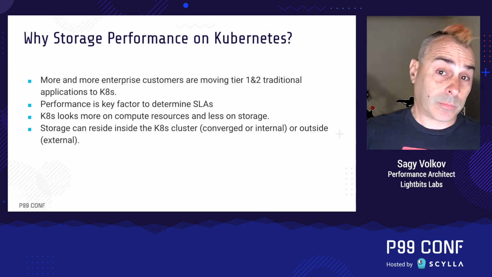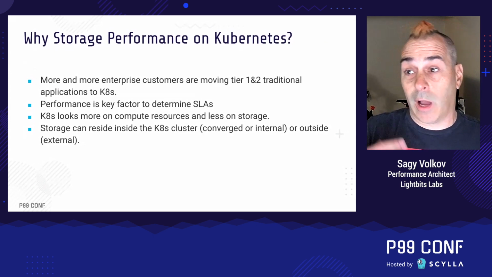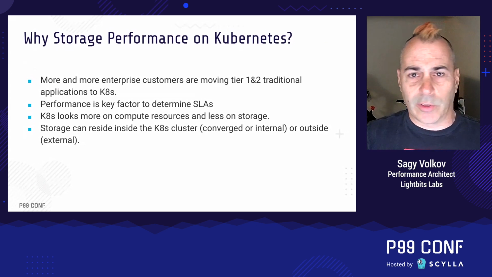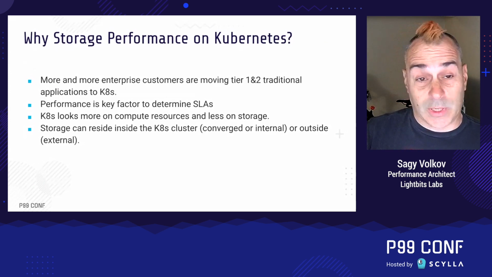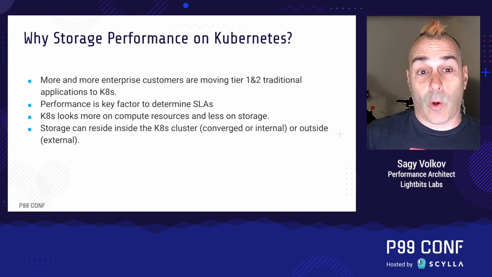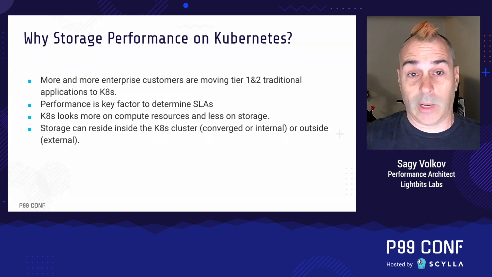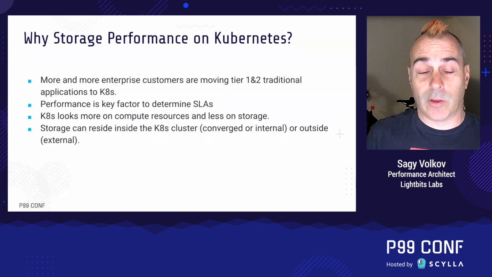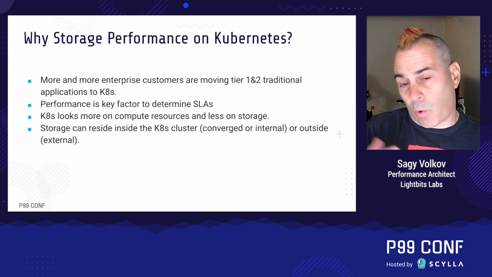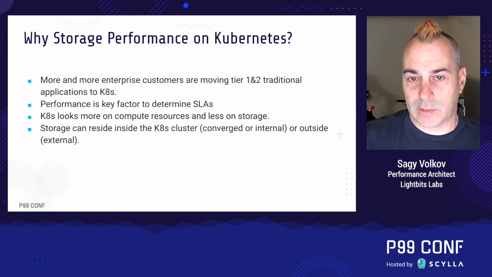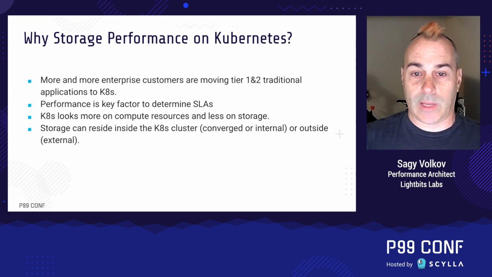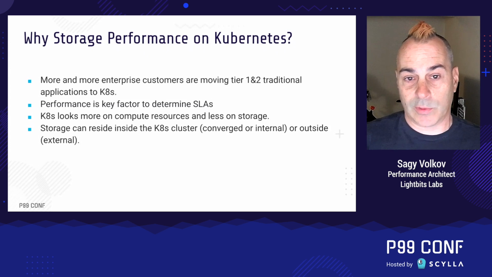And I guess the main reason is that there are storage solutions that live inside a Kubernetes cluster, call it converged or internal to the cluster, but there's plenty of legacy storage or newer software-defined storage like Lightbits that resides outside of the Kubernetes cluster, and of course all of these methods use CSI to connect to the storage. But we still need a way to test this performance behavior of the storage.